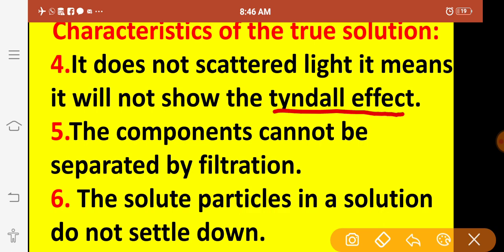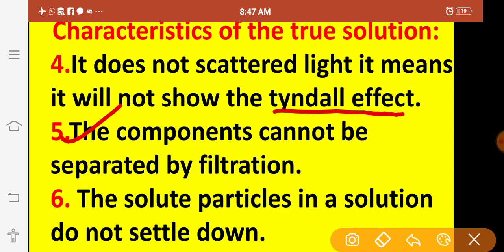Okay students, now, the components cannot be separated by filtration. What is the reason behind it? The components of a true solution cannot be separated by filtration because of the very small size of the particles.